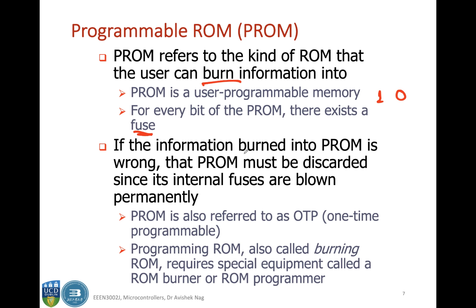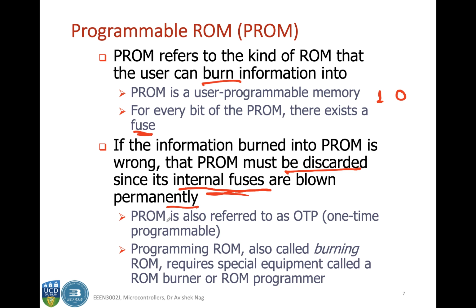If the information burned into PROM is wrong, then that PROM must be discarded. You cannot do anything, because once these internal fuses are burnt, that's a permanent change. They are blown permanently. So if you have mistakenly burnt a fuse, then you have to discard it and do it again.